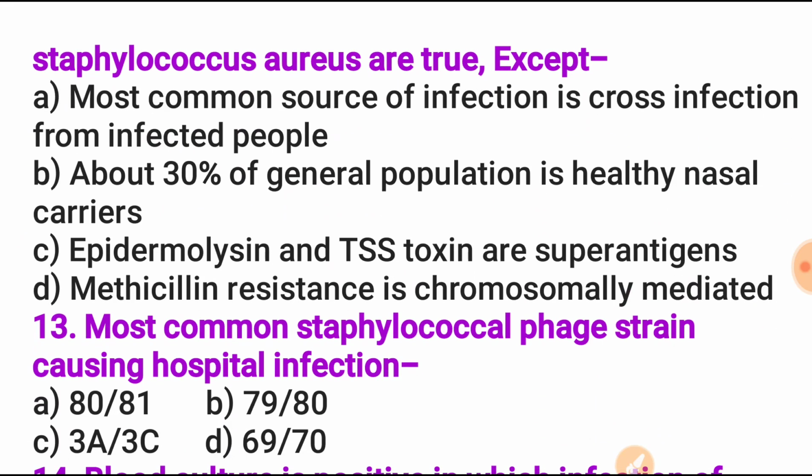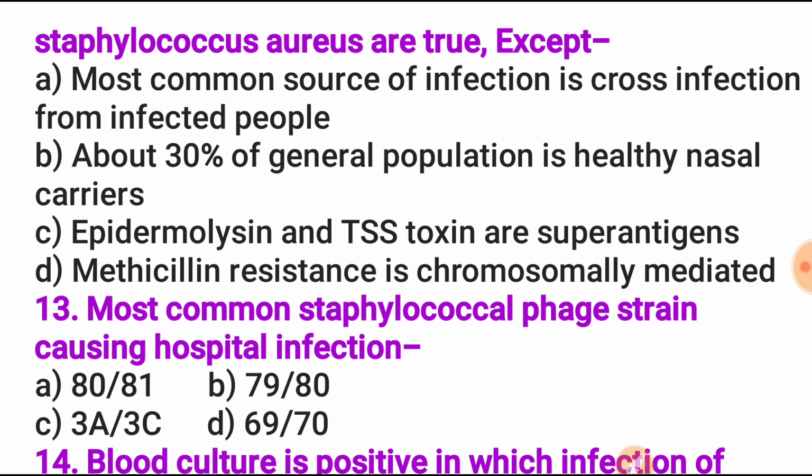The options are: most common source of infection is cross infection from infected people; about 30% of the general population are healthy nasal carriers; epidermolysin and TSS toxin are superantigens; and methicillin resistance is chromosomally mediated.